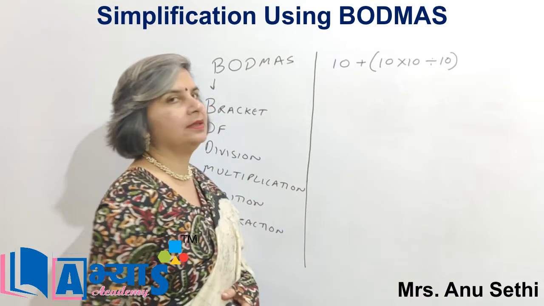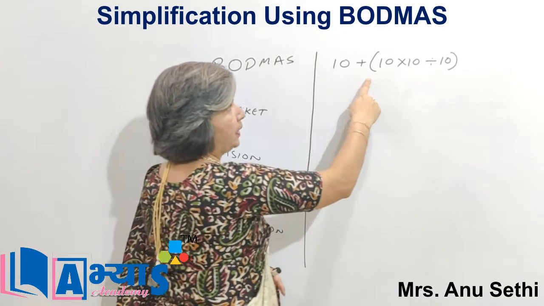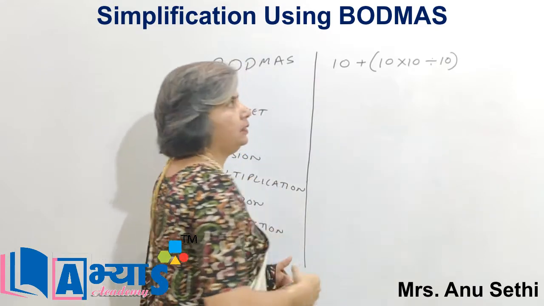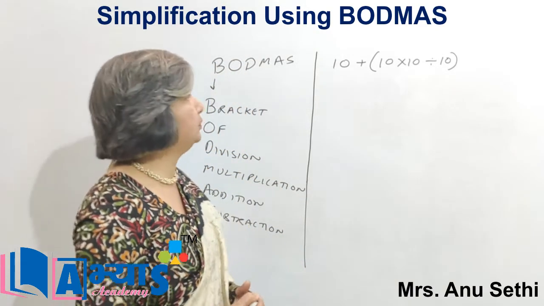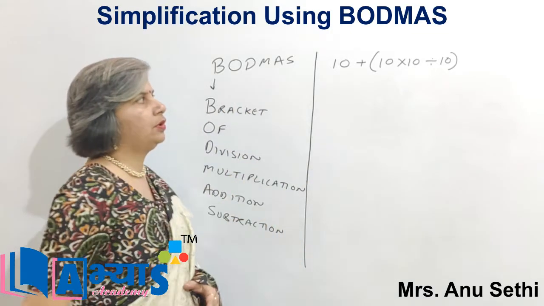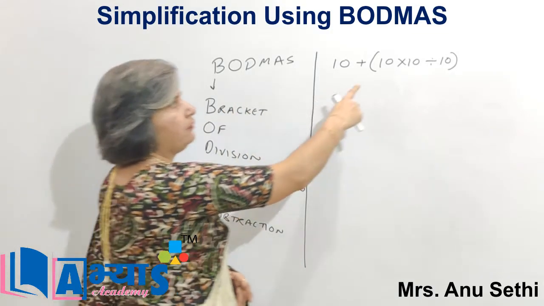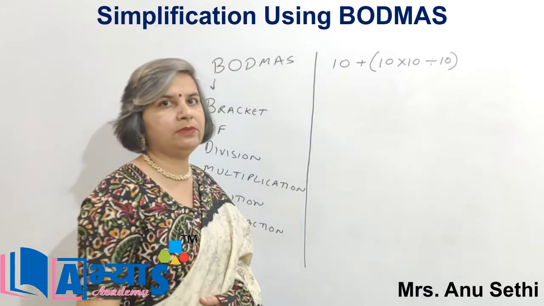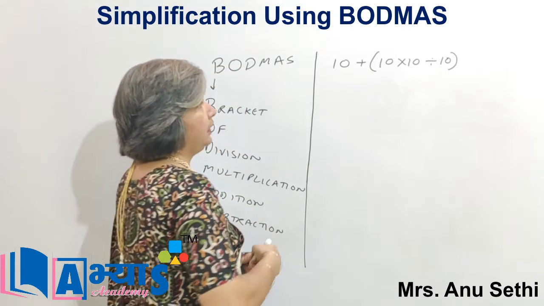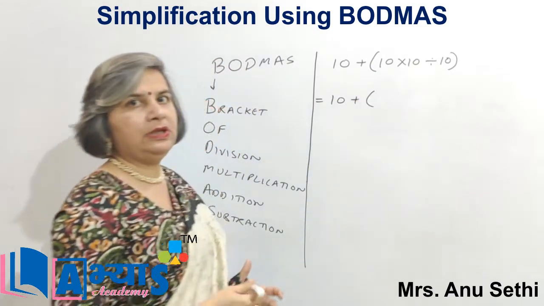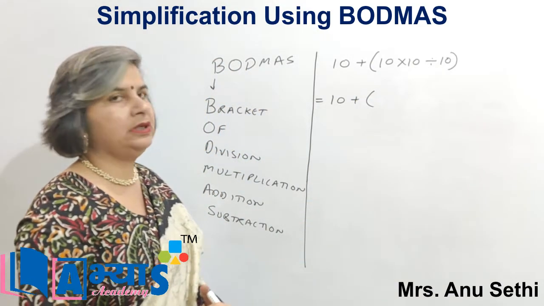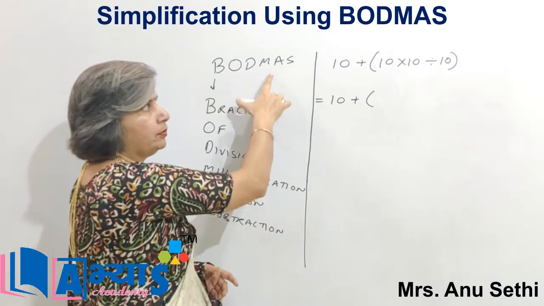Now let us take another example: 10 plus bracket 10 into 10 divided by 10 bracket close. When solving this expression, we again use the concept of BODMAS. So now we search for brackets. As we have a bracket, we first solve the bracket. The bracket has 3 terms in it, so we solve these 3 terms using BODMAS again.